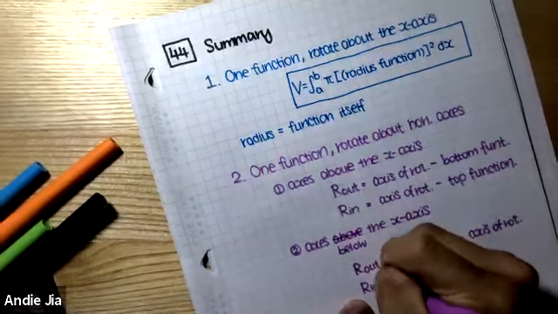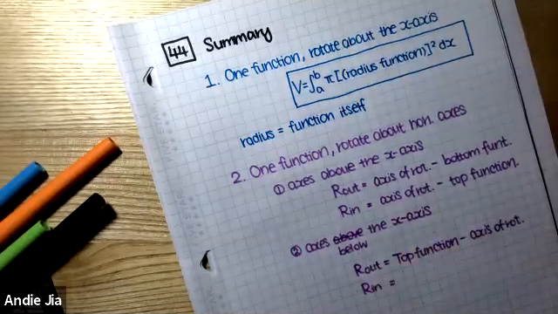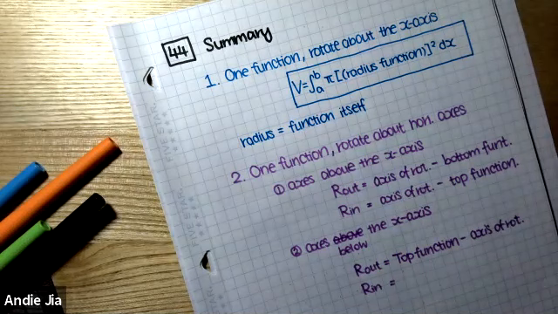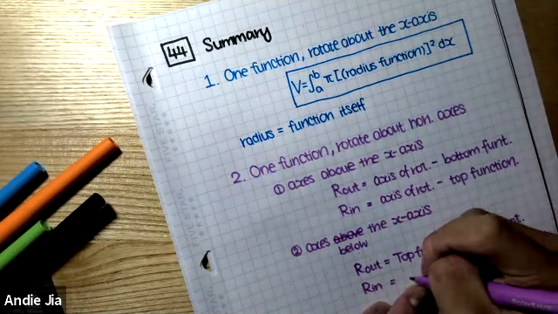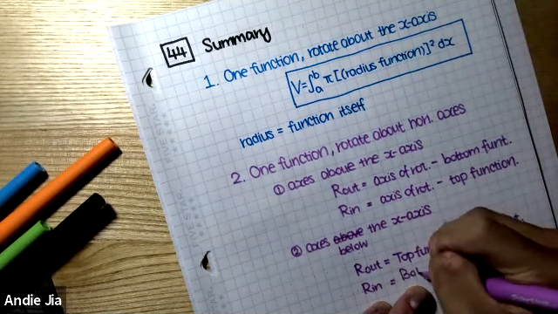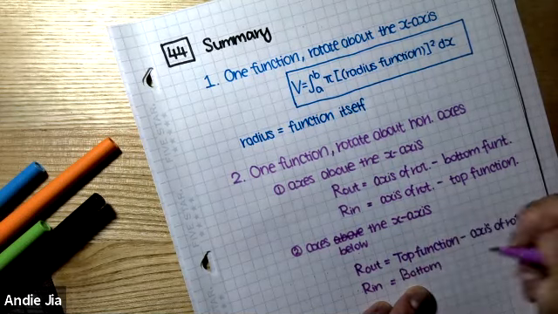The inner radius is the bottom function minus the axis of rotation.